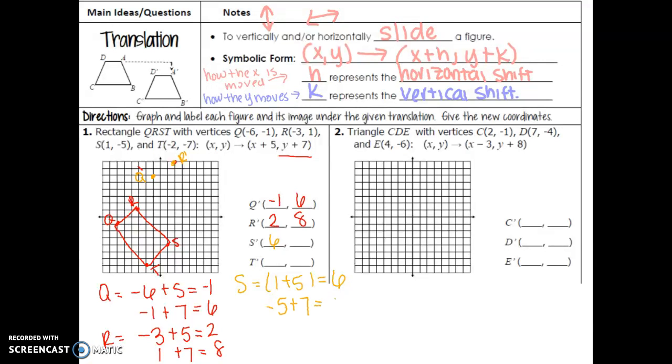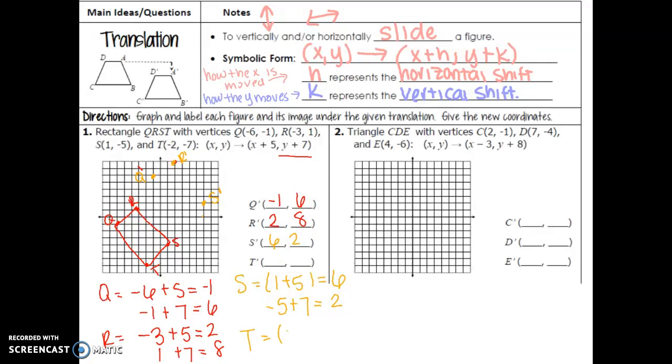That is going to give me 2. So S prime goes 6, 2. 1, 2, 3, 4, 5, 6. And I'm going to go up 2. That is S prime.